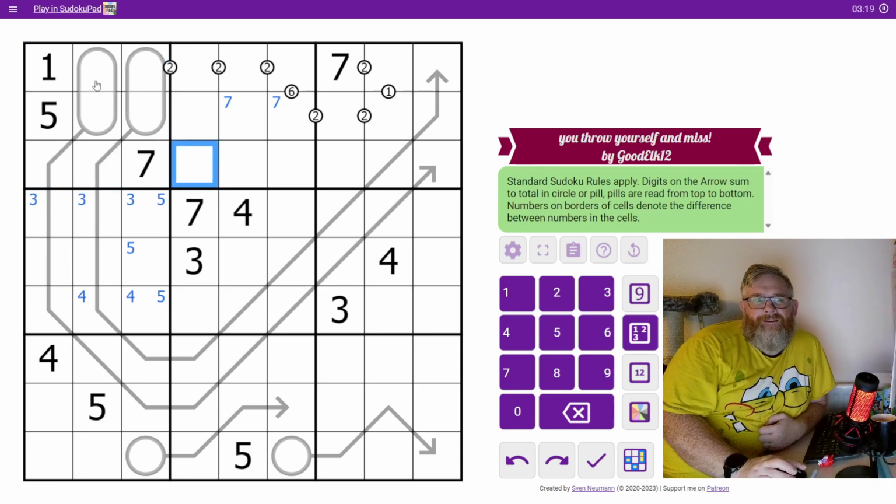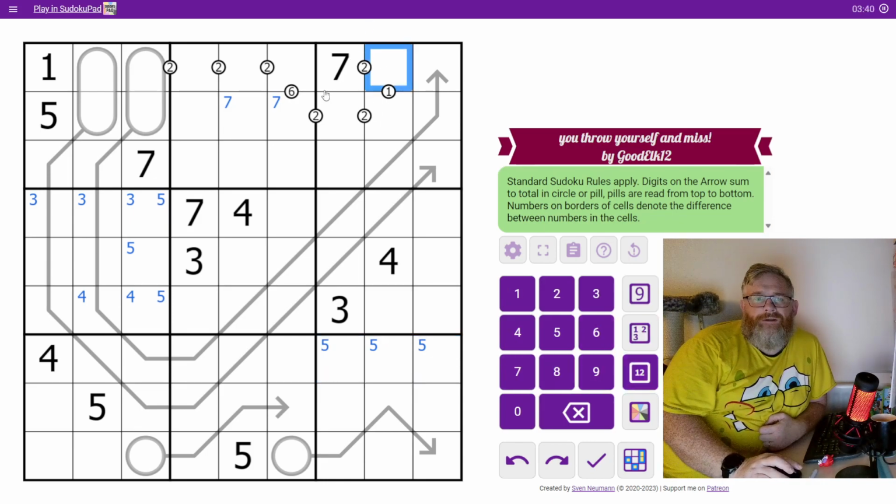These pills add up to the number along these, and these also add up to the number along those. So where else? 5s can go in there. I'm just doing a little look around the grid to see where numbers are restricted to, and then I will jump up and start looking at these.